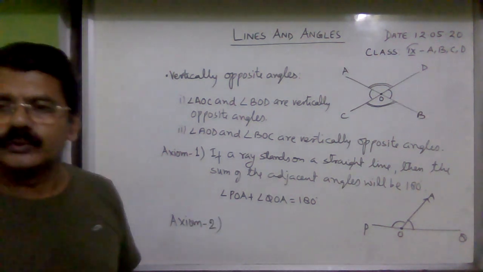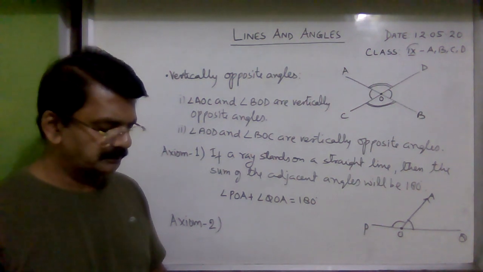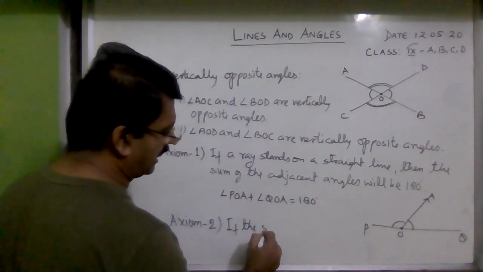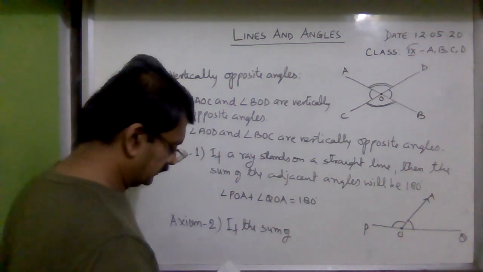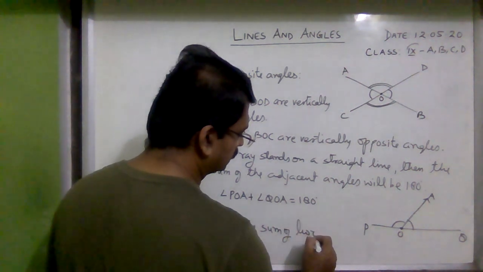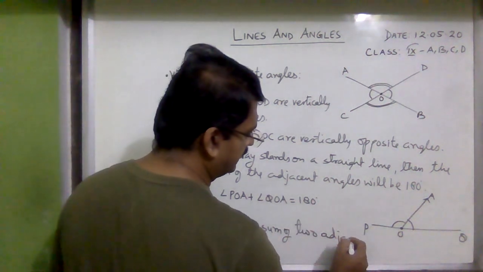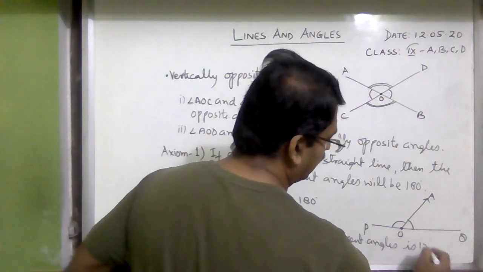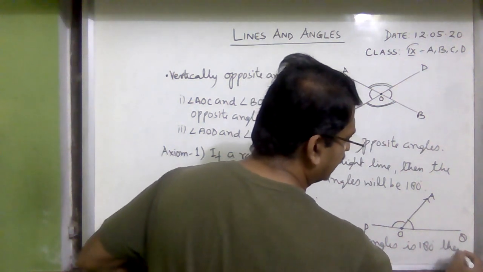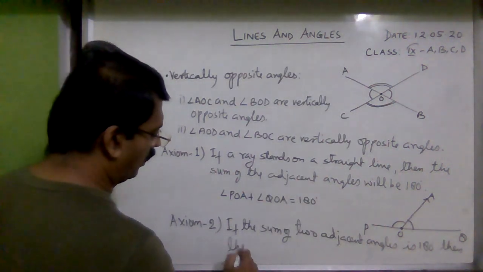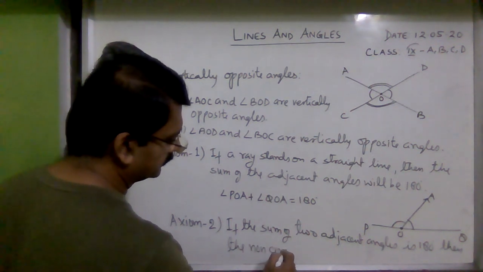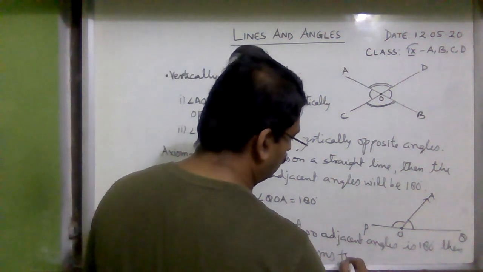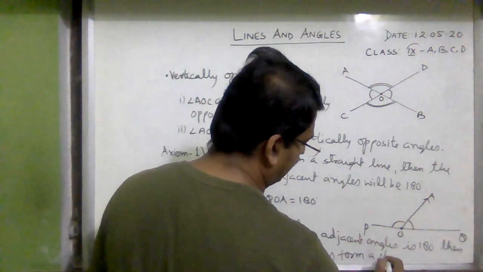Now axiom 2. In axiom 2, if the sum of two adjacent angles is 180 degrees, then the non-common arms form a straight line.